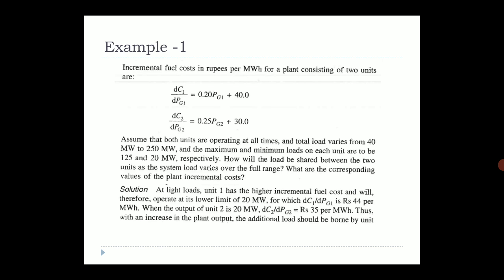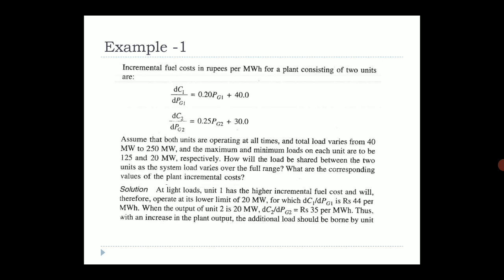The question the book asks is: assume that both units are operating at all times, and the total load varies from 40 megawatt to 250 megawatt. The load supplied by the generators could be 40 during the night and 250 during the day.